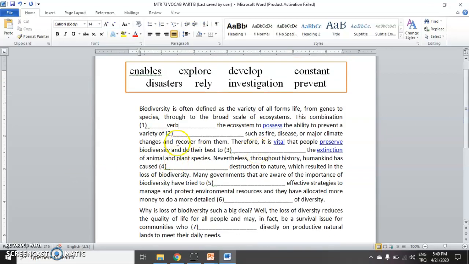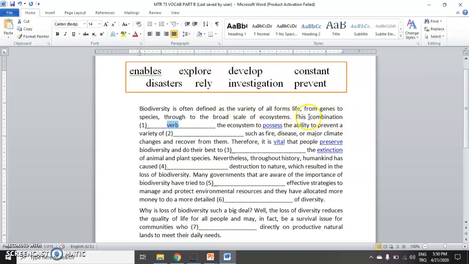Okay, welcome back. Now, as I said, for this one, we need the verb. It says this combination, blah, blah, the ecosystem, to do something, the ability to prevent, it goes on. Possess means to own something, to have something. I'm sure you have checked this. So here, since we need a verb, it can be enables, explore, develop, prevent, or rely.